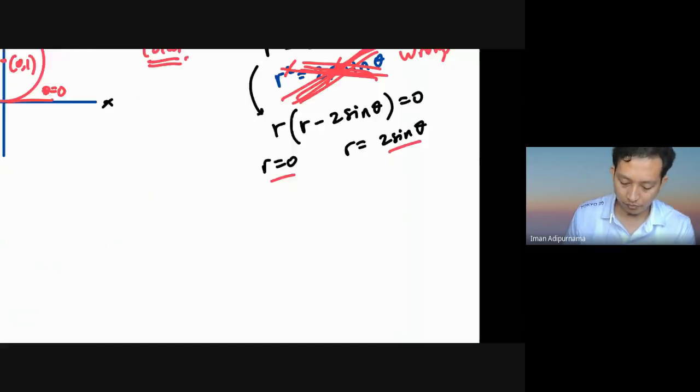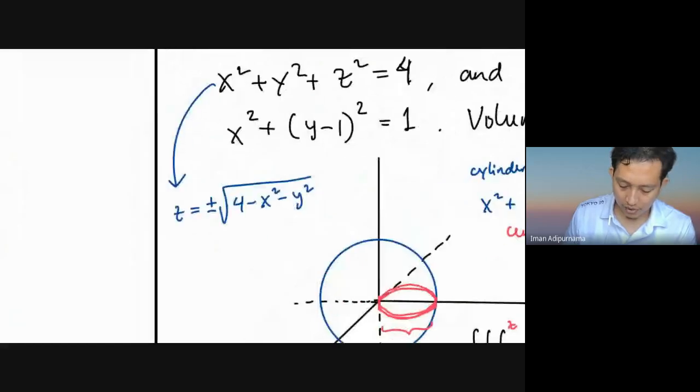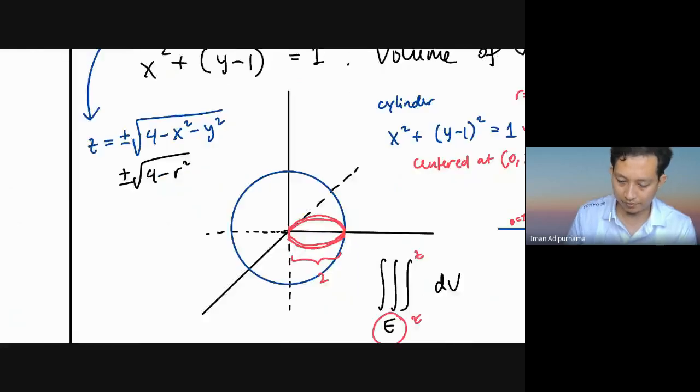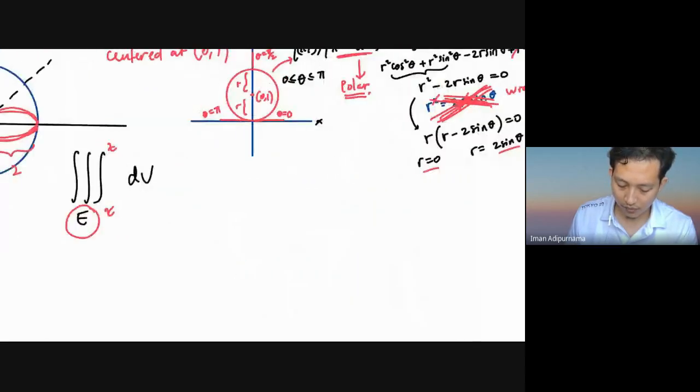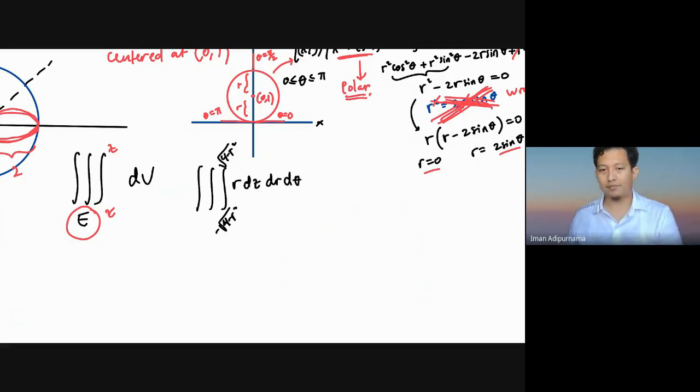So from here, from z, we can take plus minus square root of 4 minus r squared. So we can take, first is z, so this will be dz, r dr d theta.